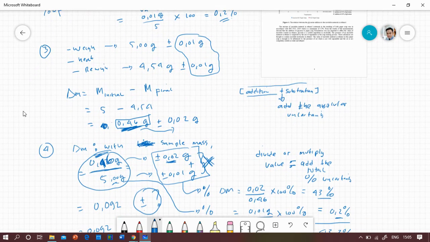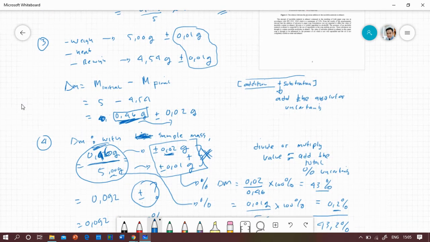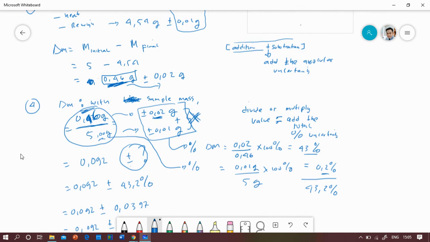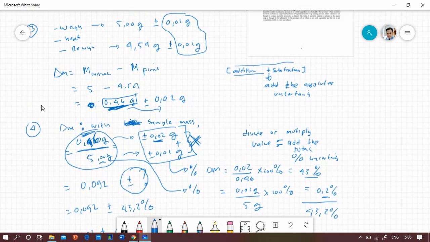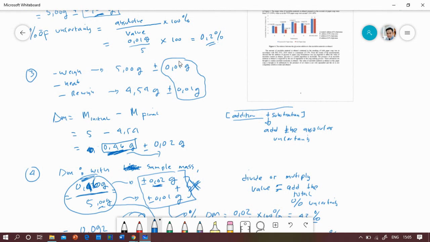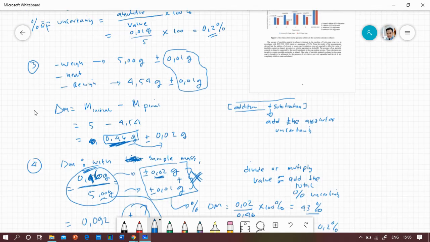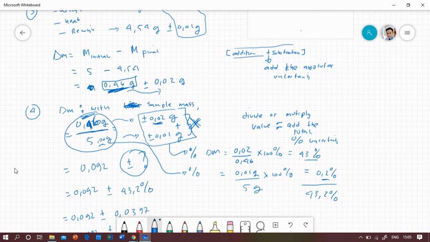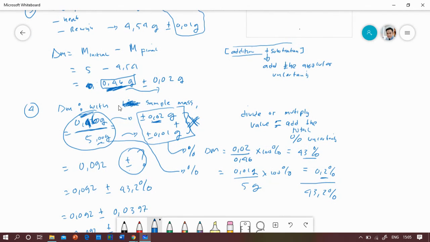But if you have a division or multiplication, it's going to be a little bit more extra work, because you cannot directly total the absolute uncertainty, but you have to find the percentage of uncertainty first. For example, in here, if I want to divide my 0.46 with the initial mass, then 0.46 has the uncertainty of 0.02, as we had before. 5 gram is 0.01.